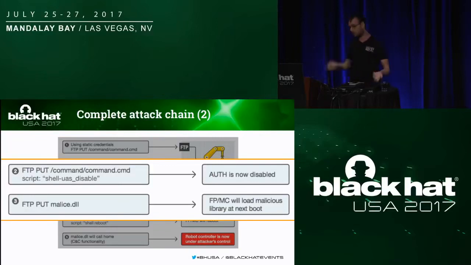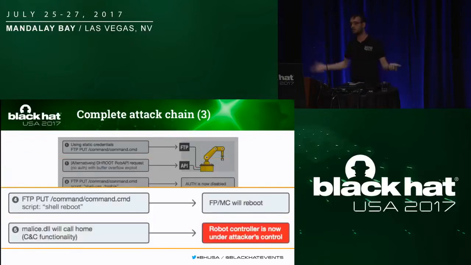Now we can, for example, upload a malicious DLL that will be executed at the next boot by the FlexPendant. This DLL can straightforwardly implement the attack that Davide showed you before, the one about state alteration, or can, for instance, implement some kind of command and control or persistent functionalities. So at this point, we can actually say that we have the robot controller completely under the attacker's control.